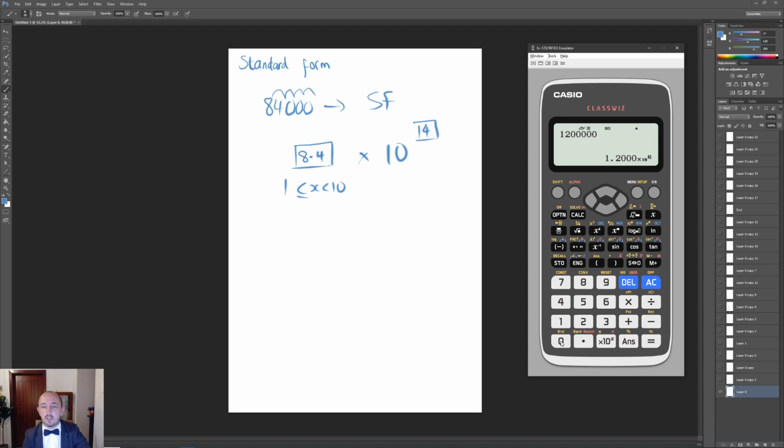And if we want to do 0.000357, then that will change it to 3.57 times 10 to the minus 4 for us as well. So when we're doing decimals, the power will become a negative as we're moving to the left. Okay, that's the basics there.